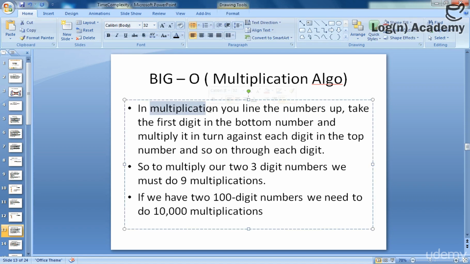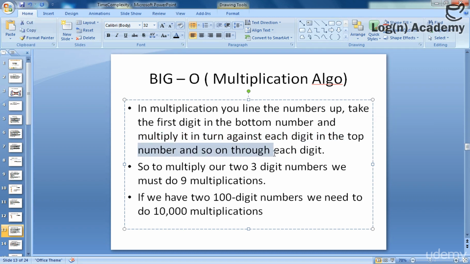So in multiplication, you line up the numbers, take the first digit in the bottom number and multiply it in turn against each digit in the top number, right? And so on through each digit.